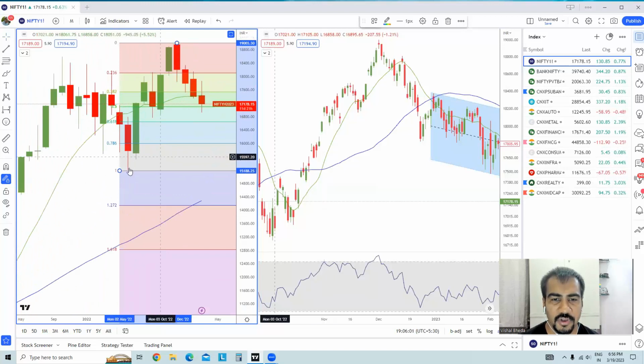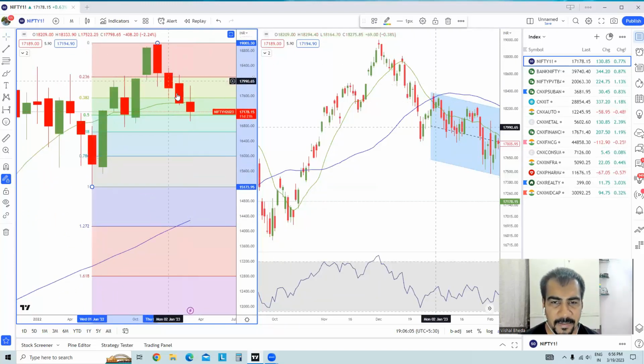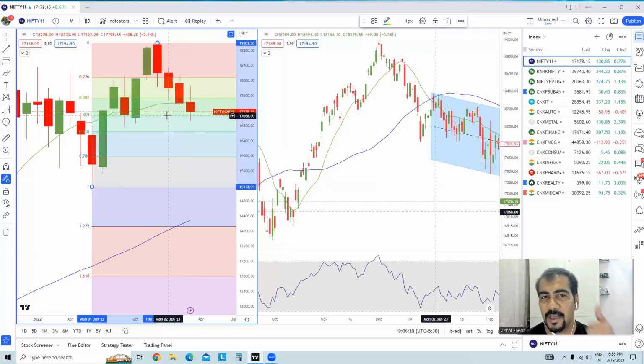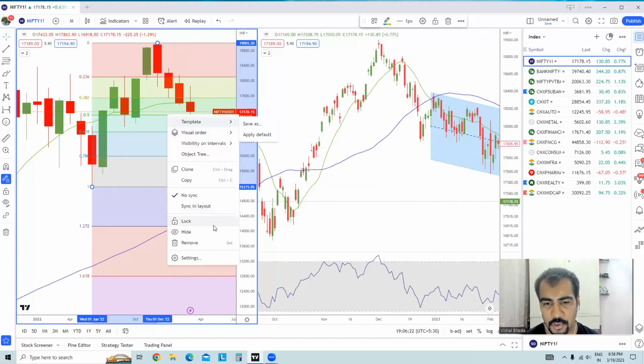If you check this entire rally properly, we have exactly tested this 50% retracement at 17,085, and we have been able to bounce back by close to 100 points, and we have closed at nearly 17,184.45. So first thing is we are at a support, a very decent support for sure.